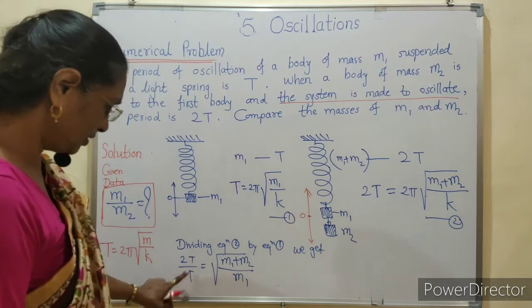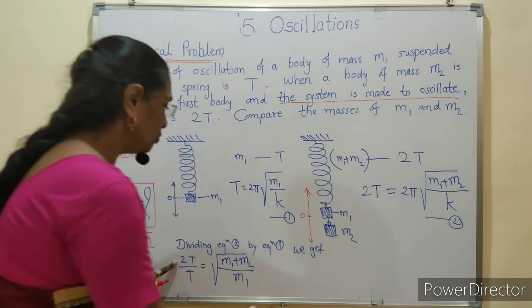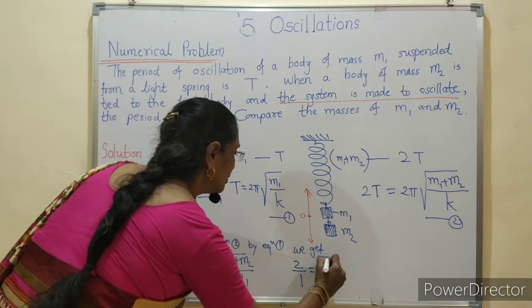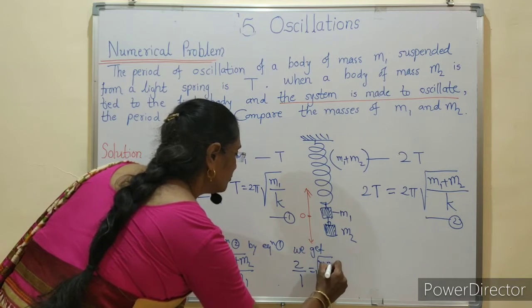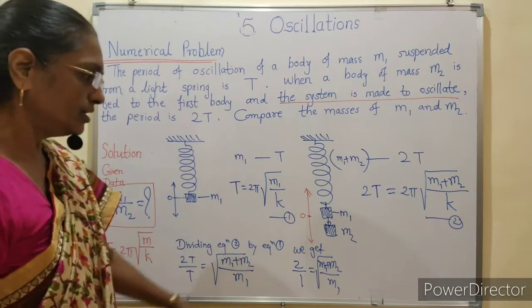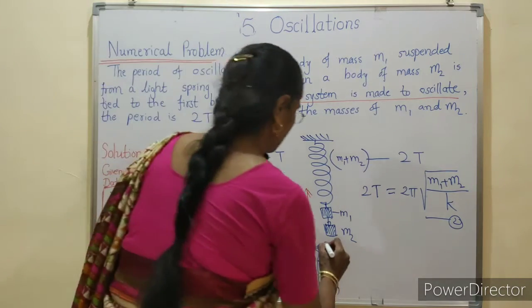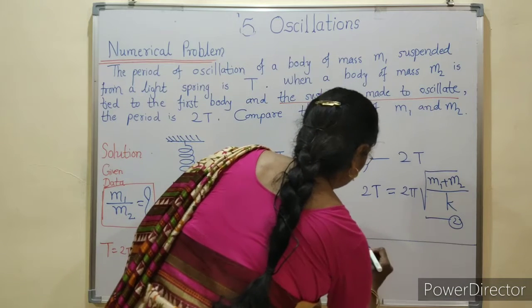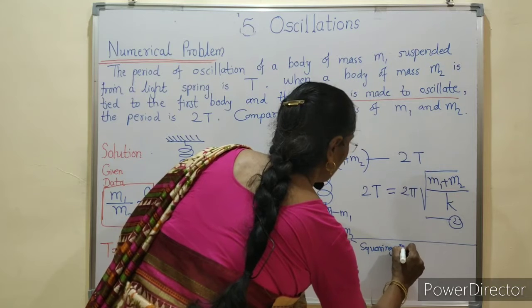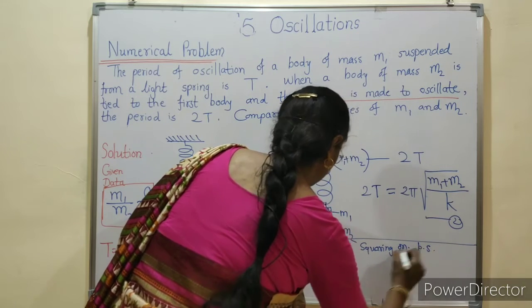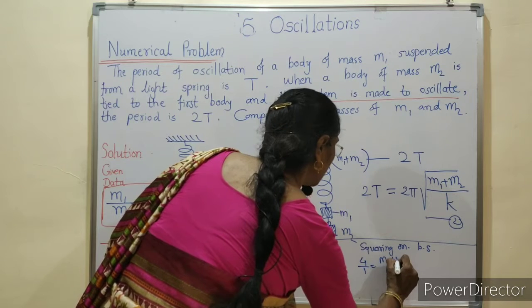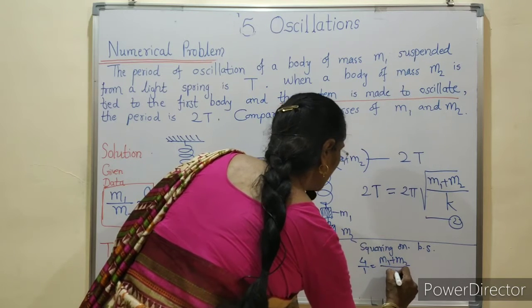Here T also gets cancelled, and we get 2 upon 1 is equal to under root m1 plus m2 upon m1. Squaring on both sides, 4 upon 1 is equal to m1 plus m2 upon m1.